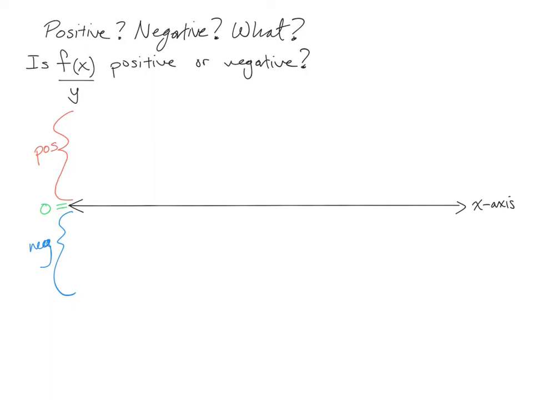So if I draw any random graph here, it is important to know where those zeros are. So there's one here, one here, one here and here. Pretty easy. Now, if we're trying to figure out where f of x is positive, let me call this graph f of x.